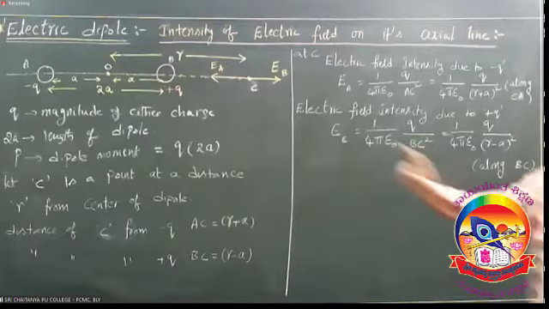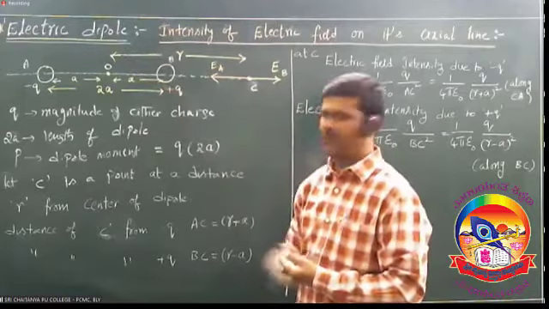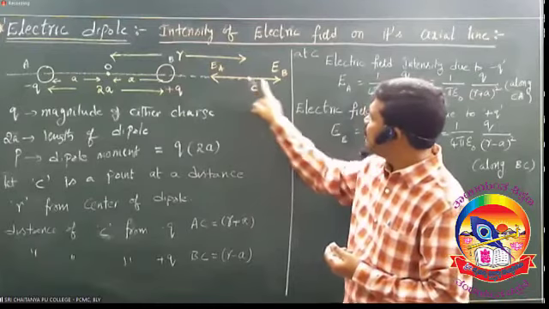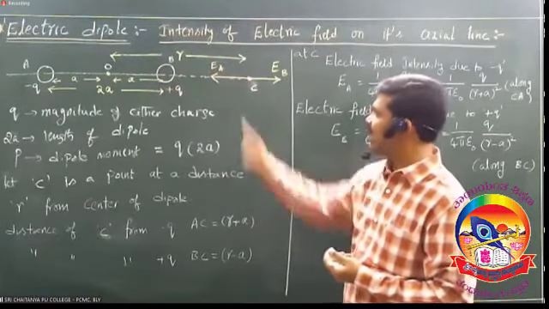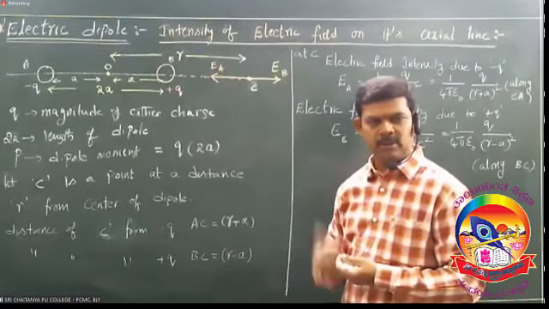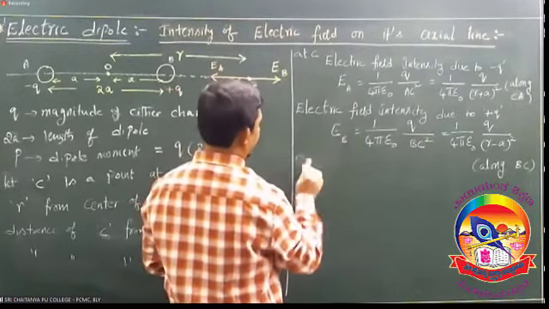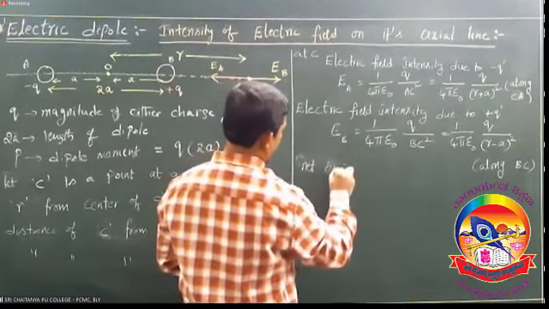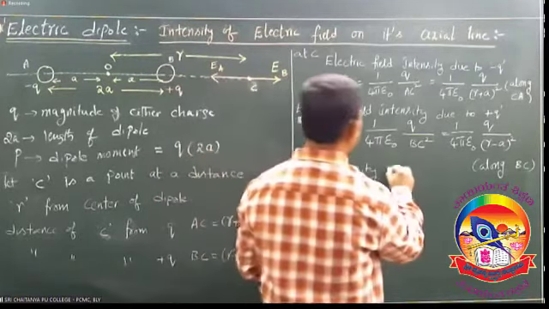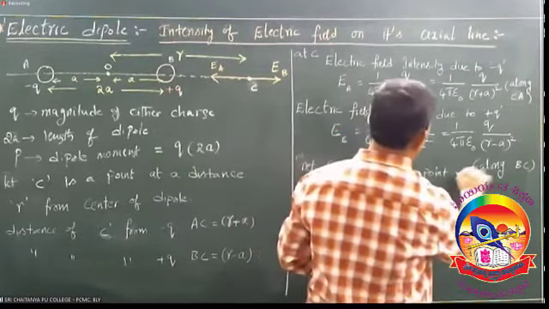Is this clear? Field due to negative charge, wherever you find, it is towards the charge. Field due to positive charge, wherever you find, it is away from the charge. From these, it is clear that EA and EB are opposite. What is the net intensity at point C?